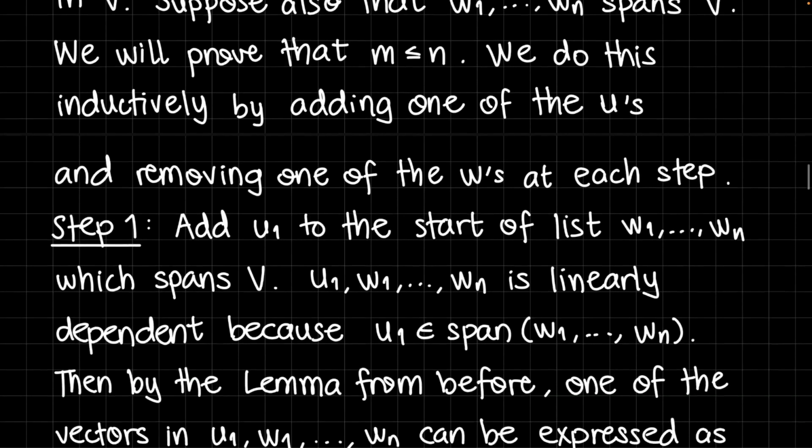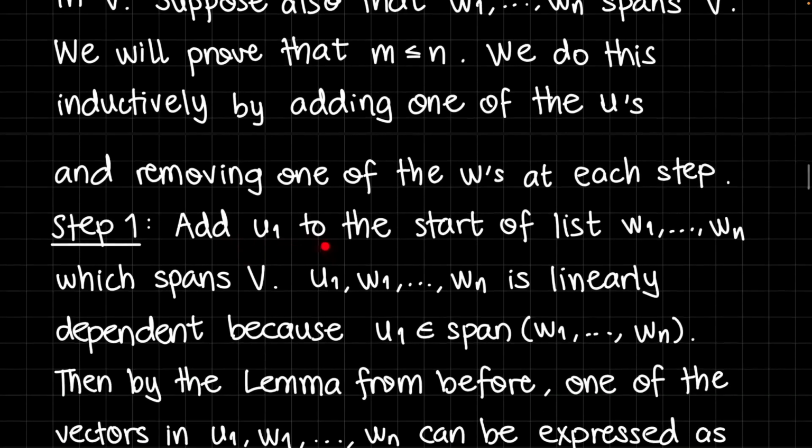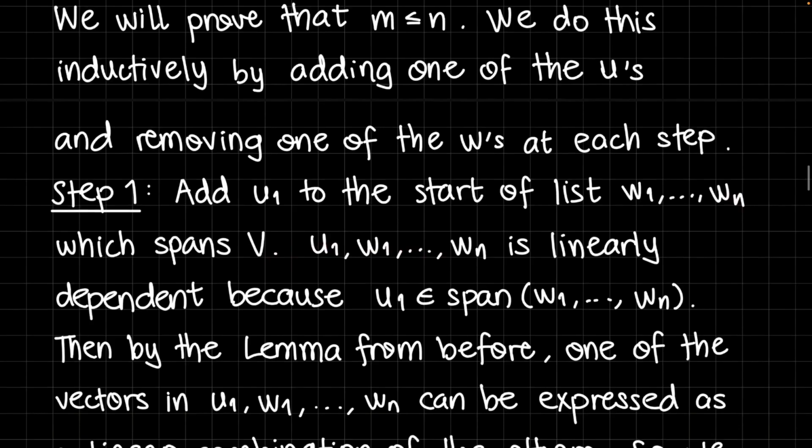So let's start. Step 1: add u1 to the list w1 through wn, which is the spanning list, which spans V by definition. You add it, and this is where the position matters, to the start. So u1, w1 through wn.